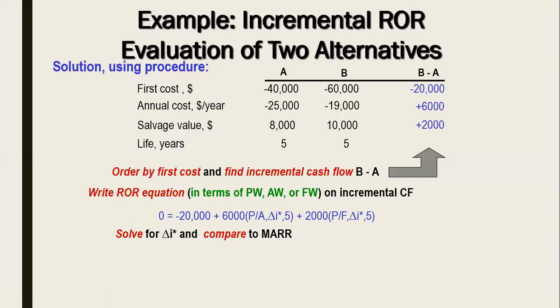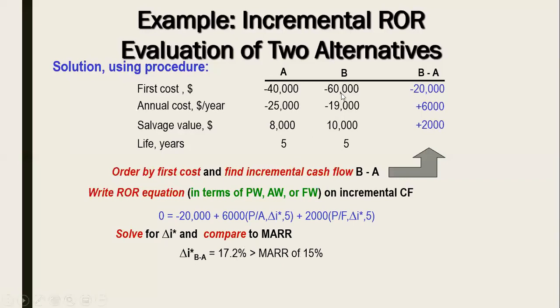Now I'm not going to interpolate because I have explained this process in a previous chapter. I will write the value of the incremental rate of interest that is calculated directly and we'll compare it with MARR to see which option is more suitable. So the rate of interest is 17.2%, which is greater than MARR.